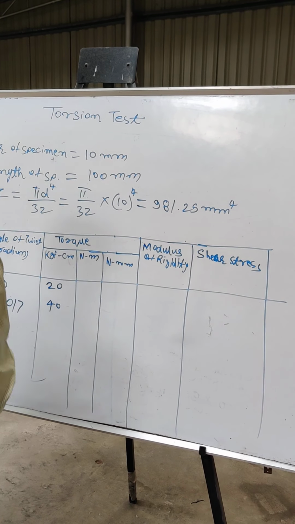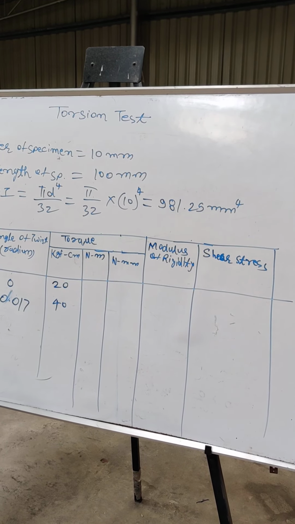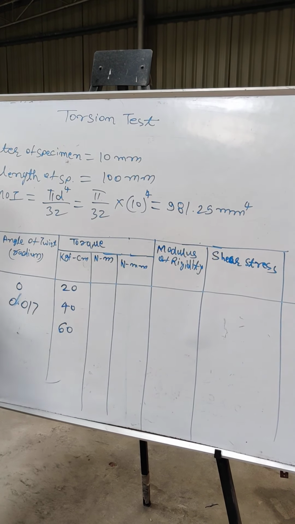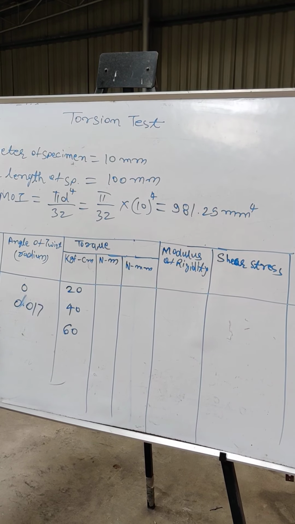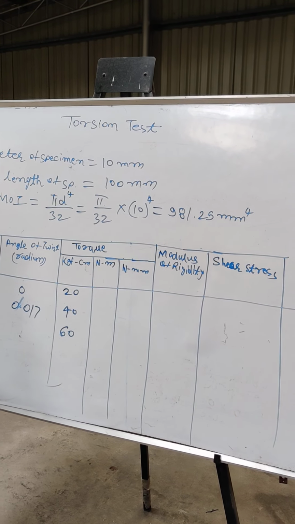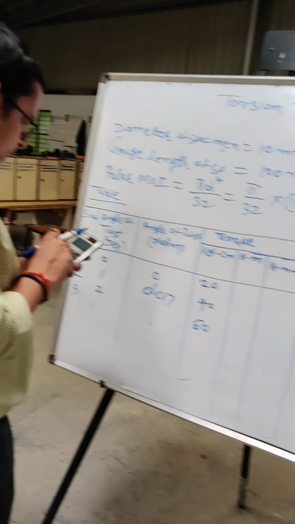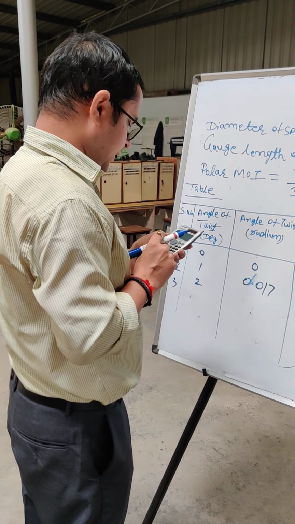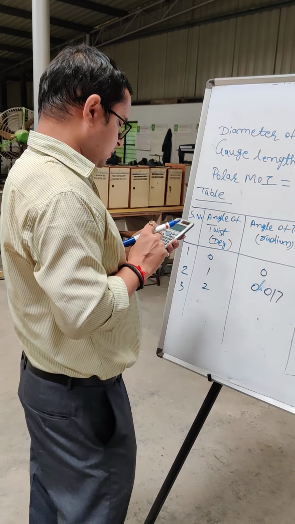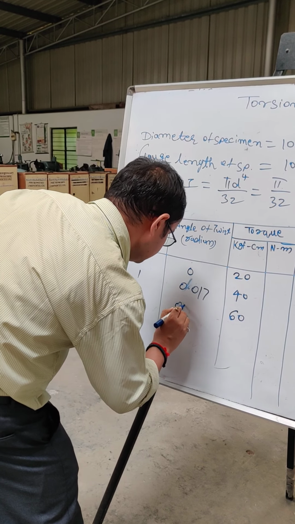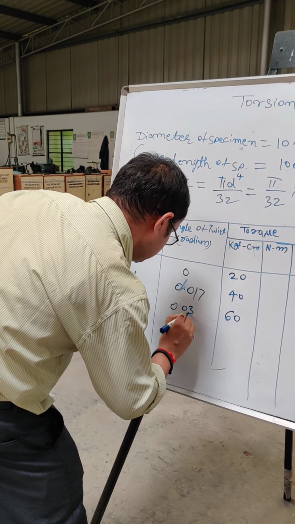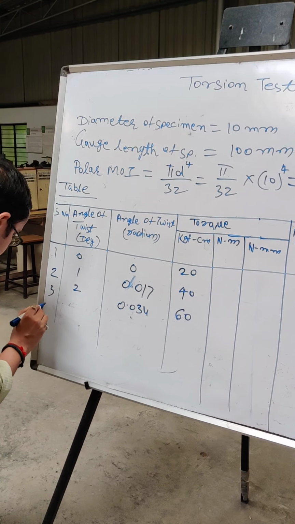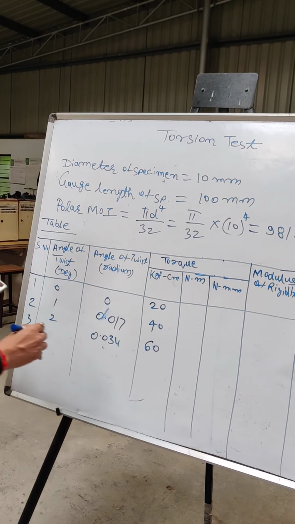Third reading is 60 kgf, angle is 2, so 2 is converted into radian, which is 0.034 radian. Fourth reading is 80.